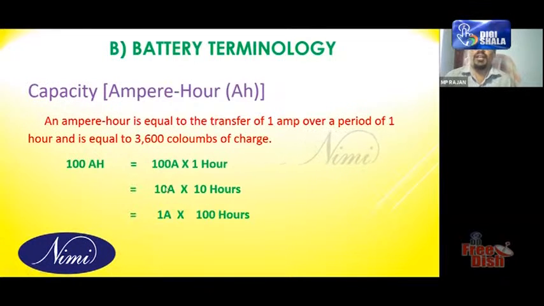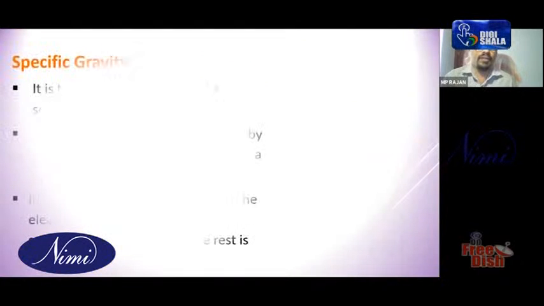So you can calculate how long your battery can give supply depending upon the current. If you are taking only 1 ampere current, this battery will give you supply for 100 hours. In all 3 cases you can see the Ah is 100. Understood? So this is the ampere hour capacity.